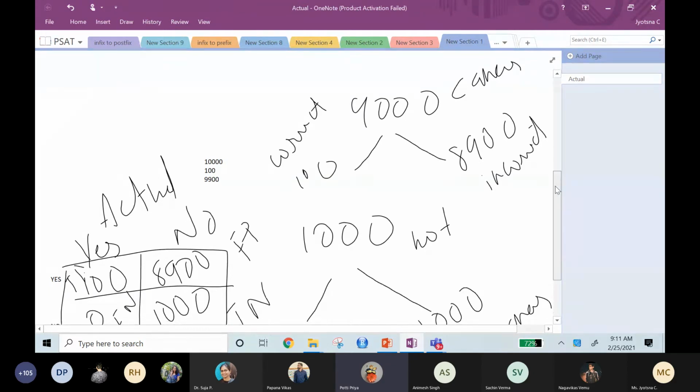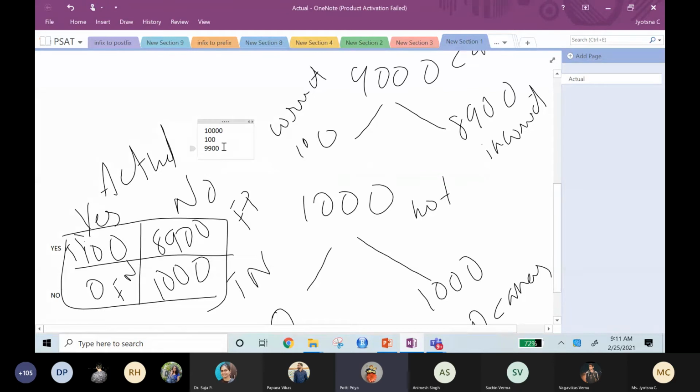Because identifying means we don't know what is actual. Maybe what I said, maybe initially 100 are actually having cancer, 9,900 are actually having cancer. Maybe you can correct it. From the 10,000 samples, 100 are actually having cancer and 9,900 are actually not having cancer.